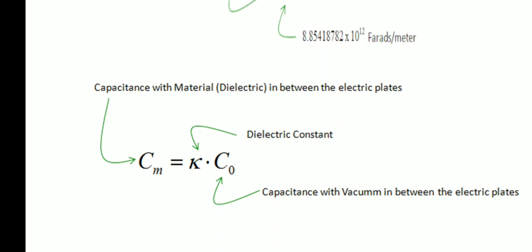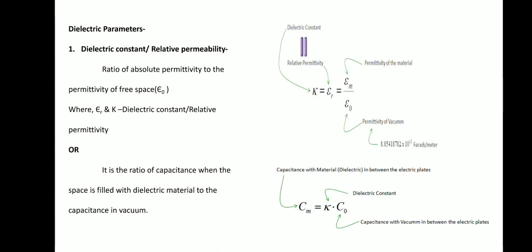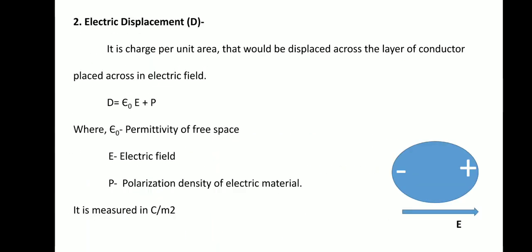Okay. Now the next definition, electric displacement, denoted by capital letter D. A very simple definition: it is the charge per unit area that would be displaced across a layer of conductor placed across an electric field.